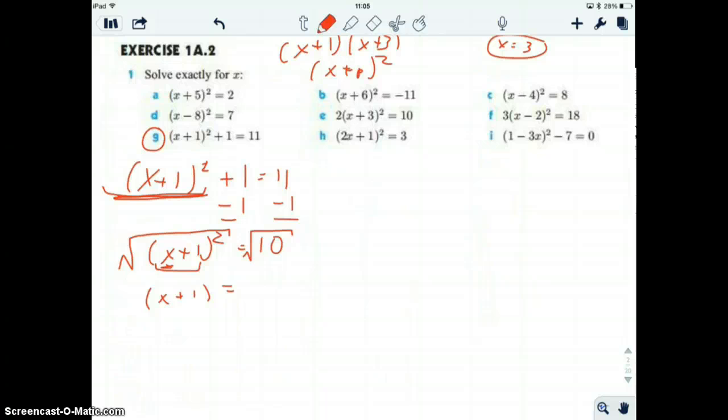So, you know, the square root of 10 is about 3.16 something, but it's an irrational number which goes on forever. But let's say it's 3.16. It could be positive 3.16. It could be negative 3.16, either one. So when you write the answer to this, you write plus or minus the square root of 10, because it could be either one. It gives you two solutions.